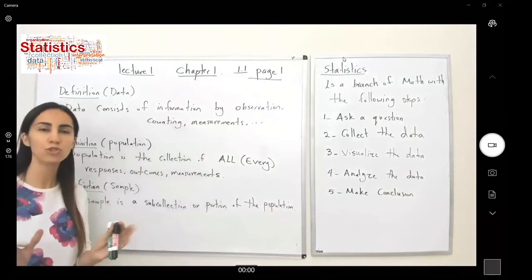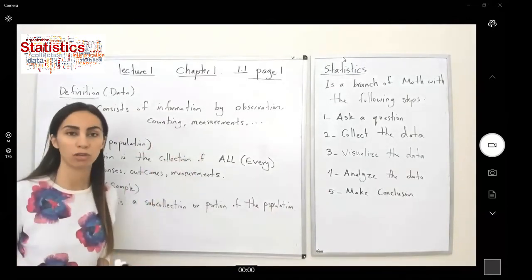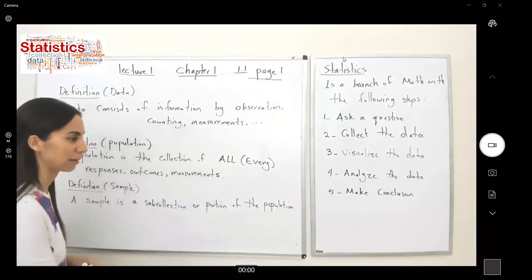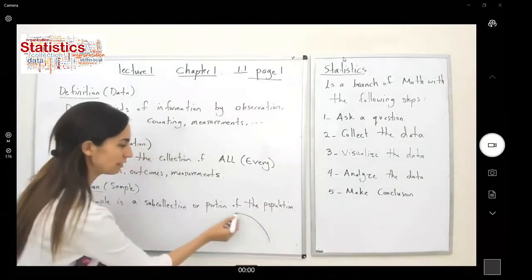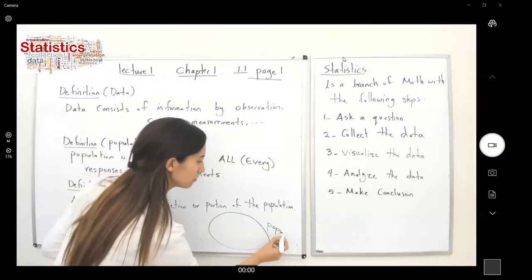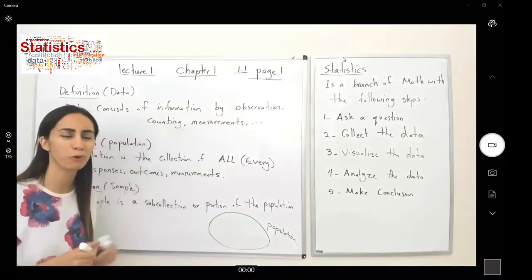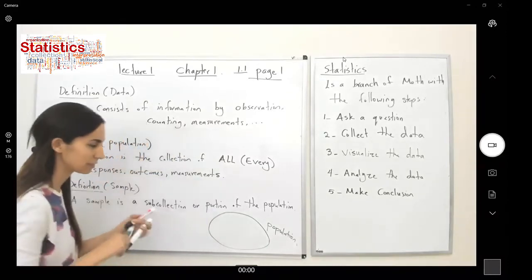They usually use a Venn diagram to visualize population and sample. If this is the population, then a small proportion of it is the sample.